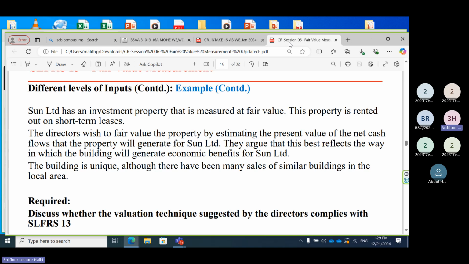Unlimited has an investment property. What do you mean by investment property? The property we are having for capital appreciation or rental purpose. The investment property, right?